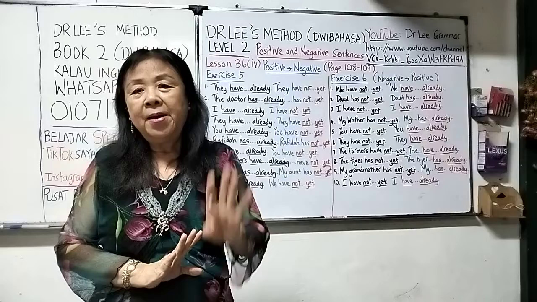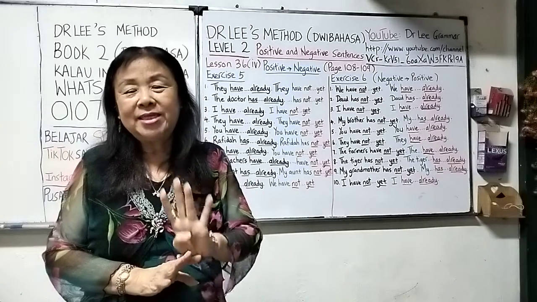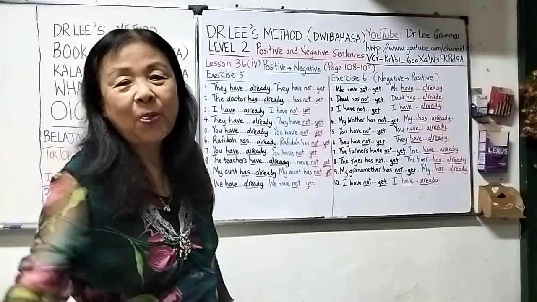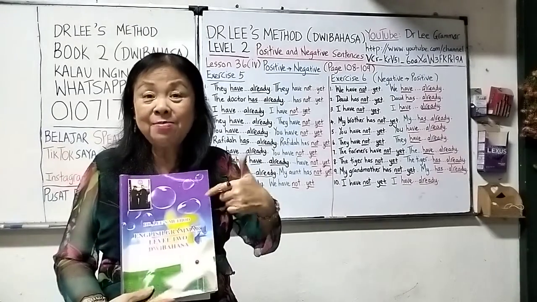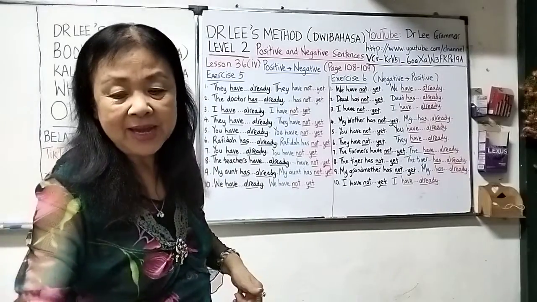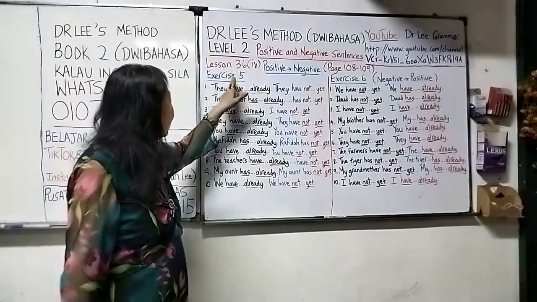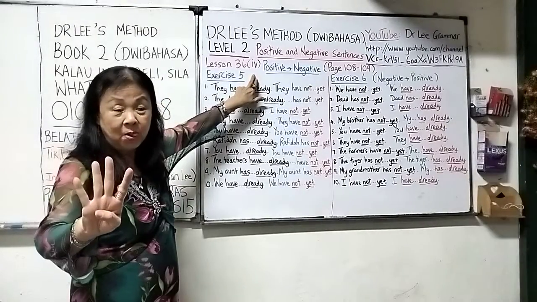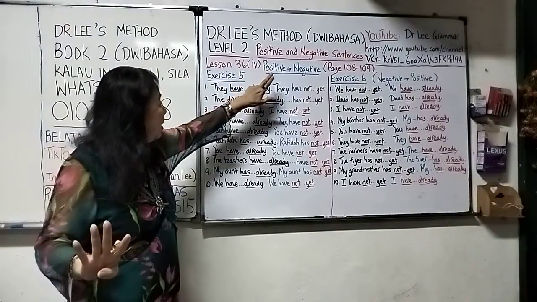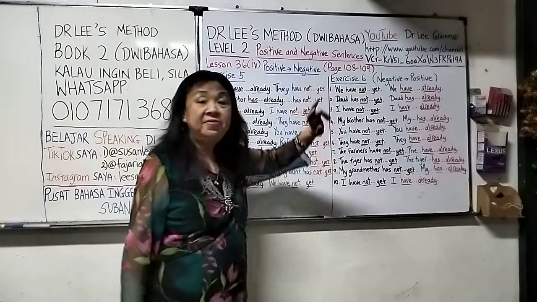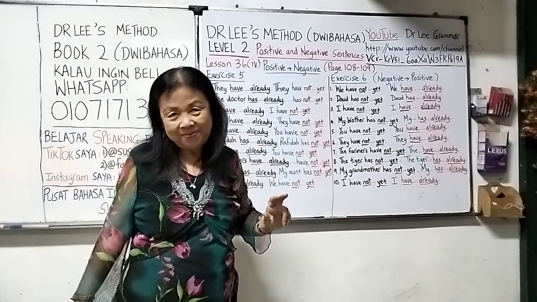Now, as you know, Book 2 has 40 different topics. This is the one. Now I'm uploading this, and I am at lesson 36, video number 4. The topic is positive and negative sentences.